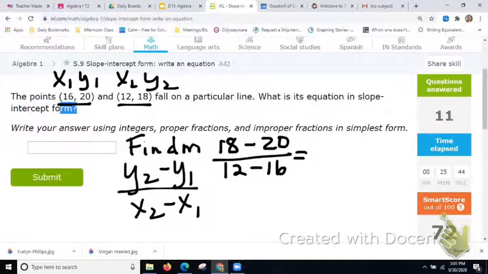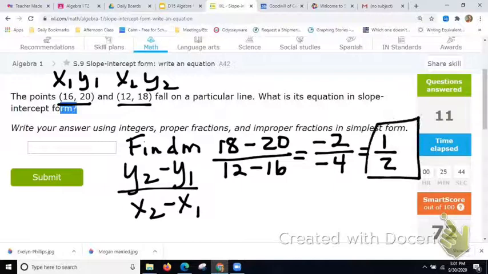So 18 minus 20 is -2. 12 minus 16 is -4. And then let's go ahead and reduce. So when I reduce that, 2 negatives make a positive, and 2/4 is the same as 1/2. So this is m, 1/2.